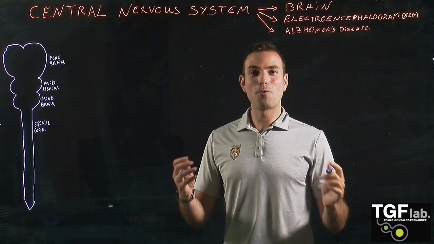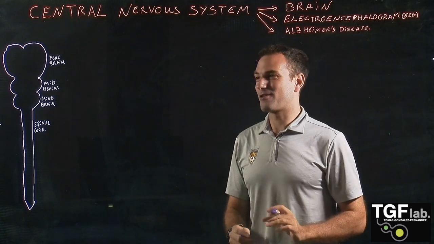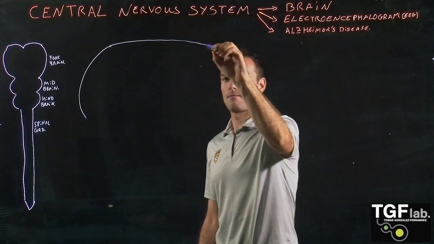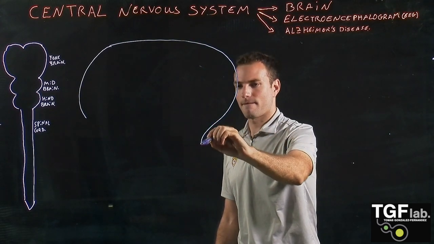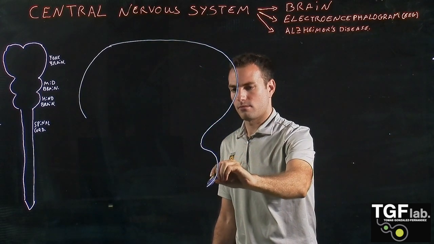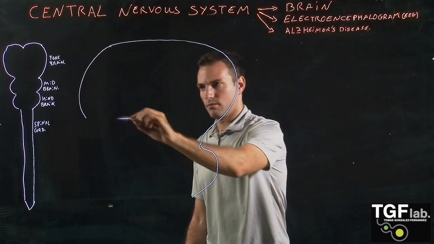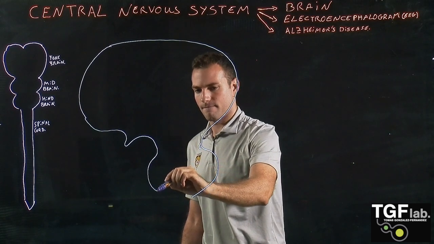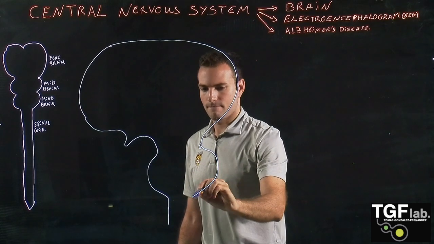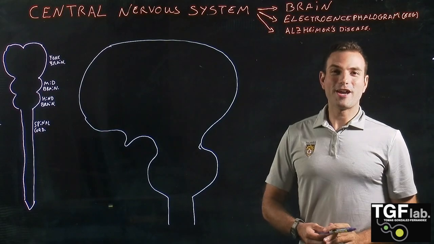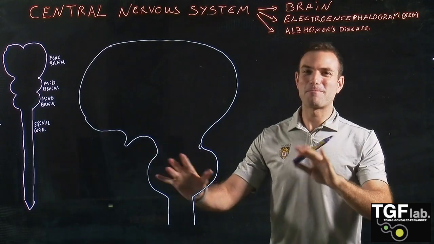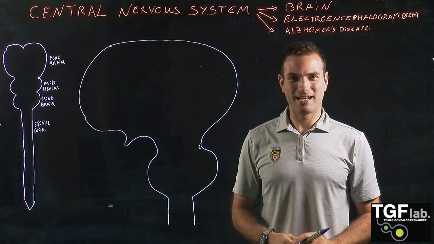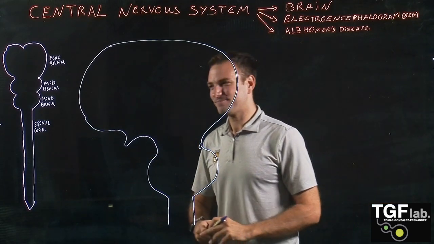In order to do so, I'm going to have a schematic of a human brain. Okay, so this is more or less the schematic of the human brain, and I'm going to use it to represent the different parts and tell you what happens in each of these parts, okay? Great.